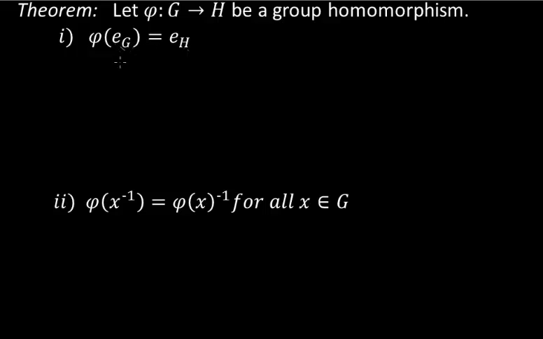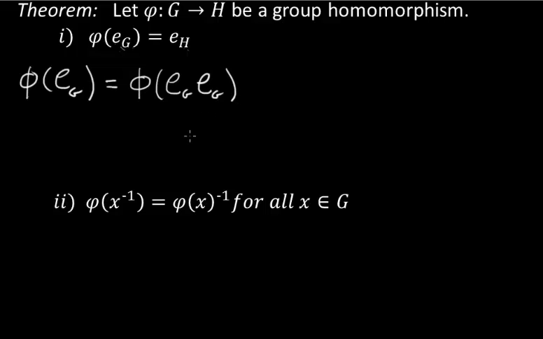So let's just start with phi of e sub G, the identity in G. And we have to use the fact that this is the identity, and we have to use the fact that phi is a homomorphism. So let's write this as phi of e sub G times e sub G.